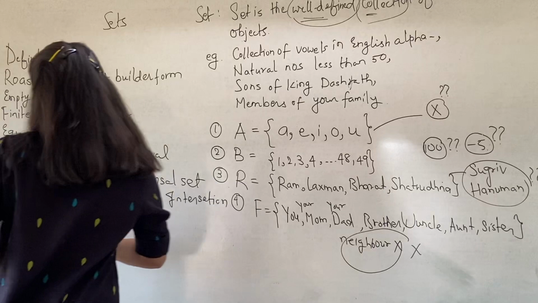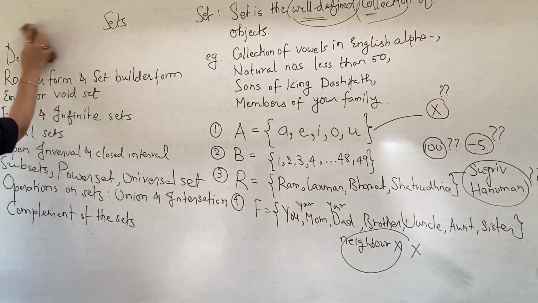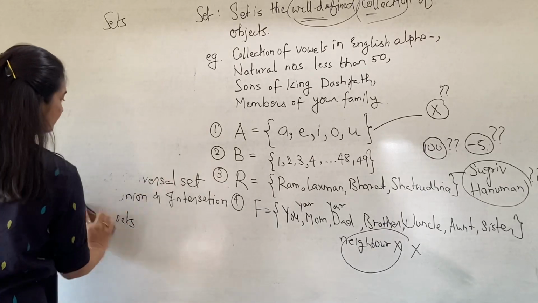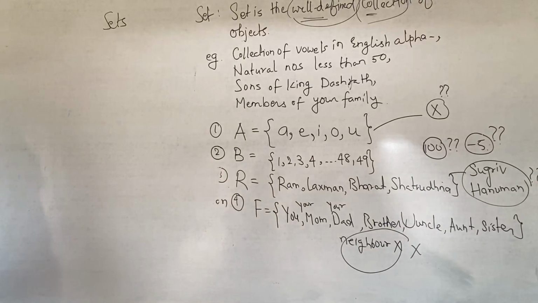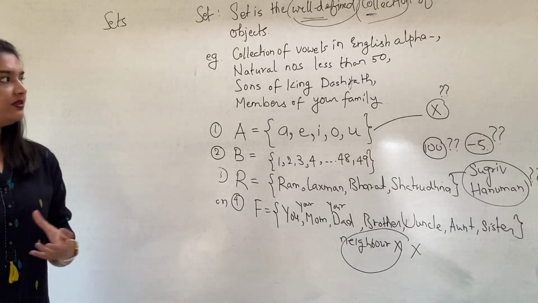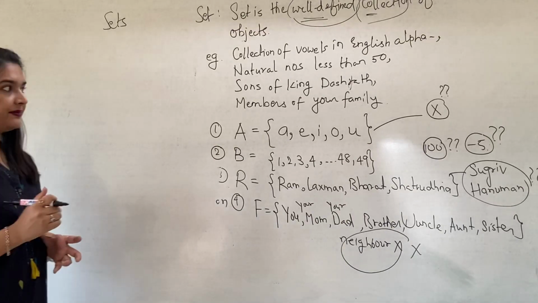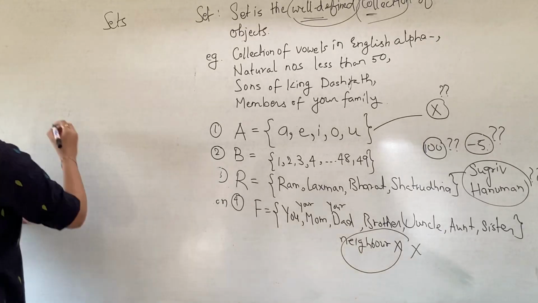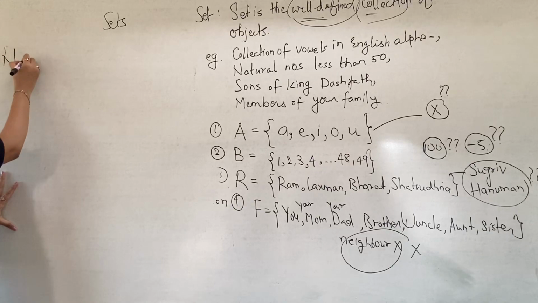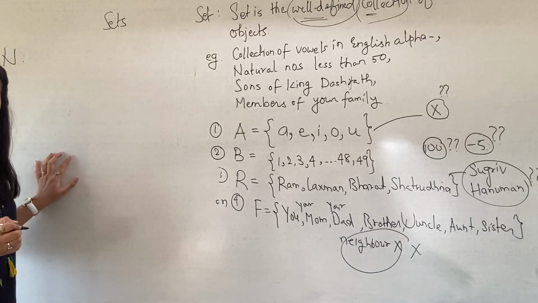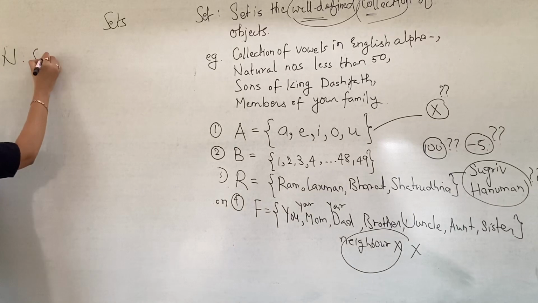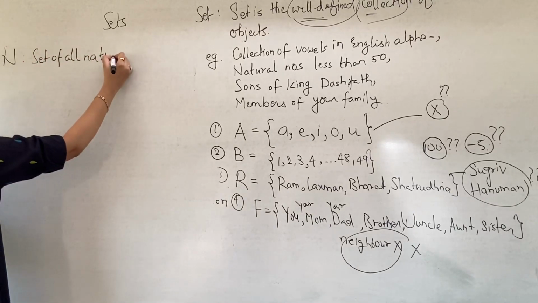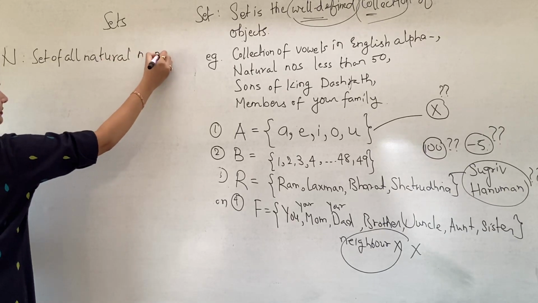Now, we have reserved some letters for the particular sets. What are these letters? That is N. N is nothing but the set of all natural numbers.